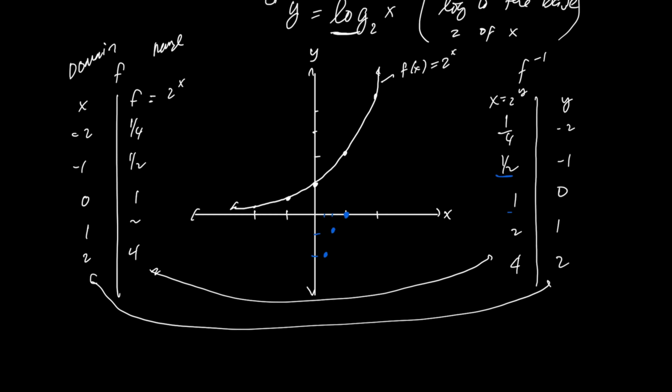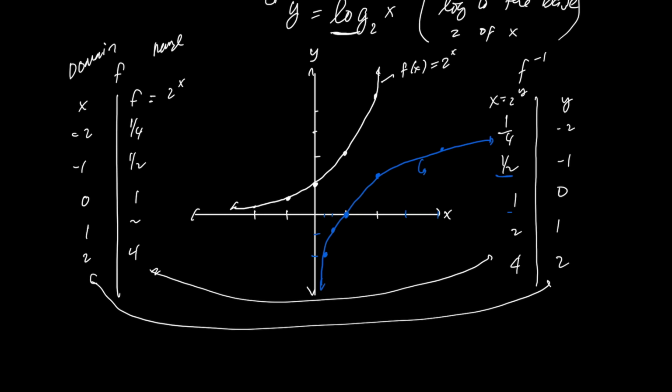Then if x is 2, y is 1. And if x is 4, y is 2 here. So if we connect that one, this is the form of the graph of the inverse of f of x equals 2 to the x, or the logarithmic function, which is this one.